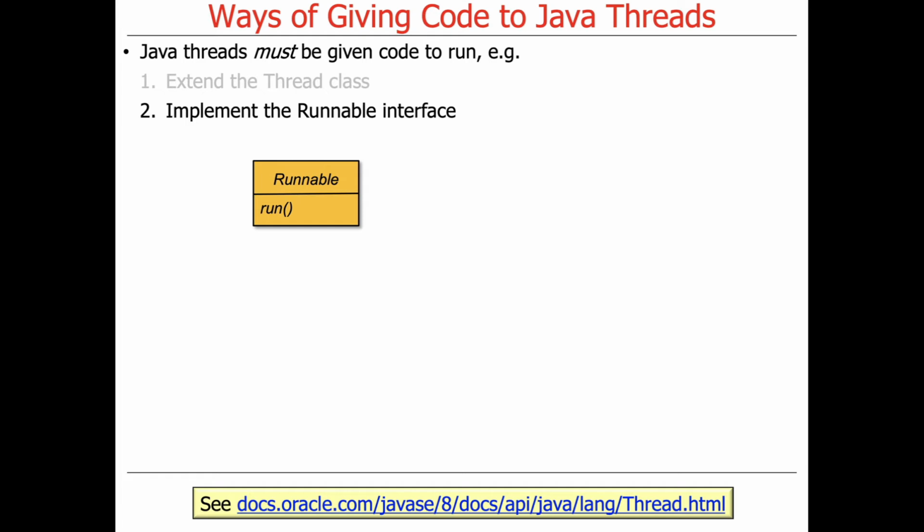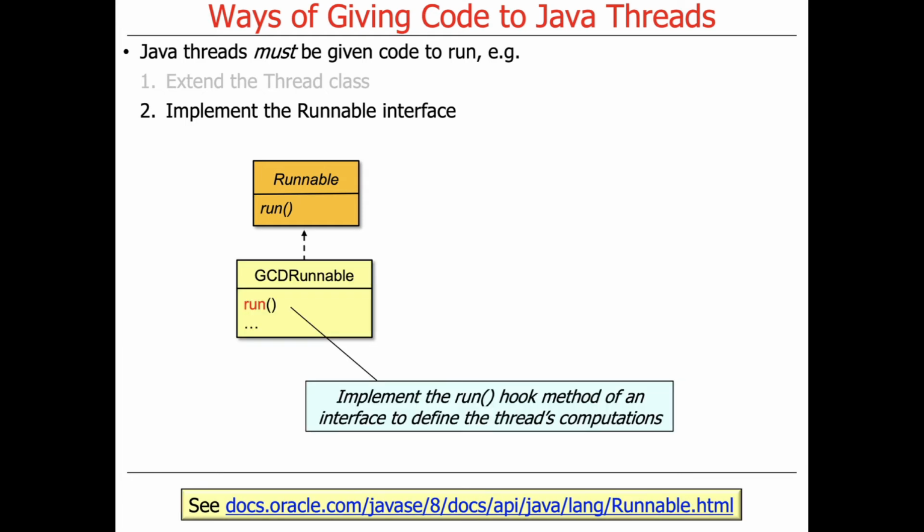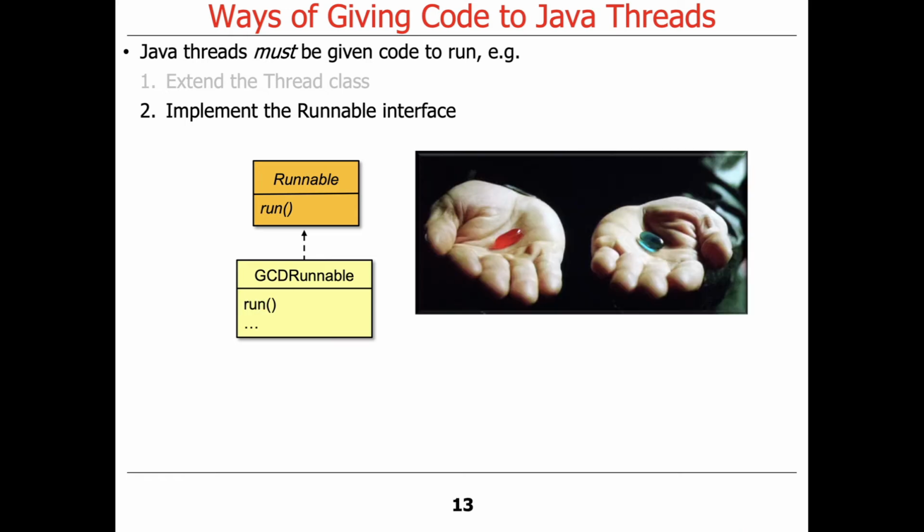The second primary way of giving code to a thread is by implementing the Runnable interface. So here's Runnable. You can see Runnable is essentially an abstract interface, sometimes called a functional interface. It only has a single abstract method in it, and we're going to have to implement Runnable and override run in order to be able to get it to do something useful.